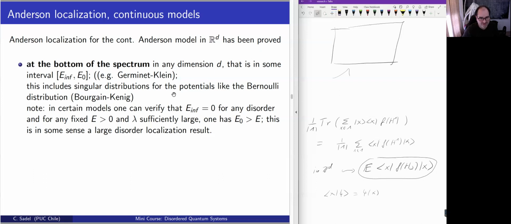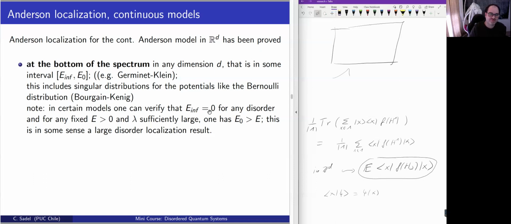And if you ask for large disorder localization, what you can do is add this coupling constant lambda. You can verify for certain models, if you choose your distribution right, that this infimum energy E0 is some constant, maybe 0, independent of your disorder size lambda.